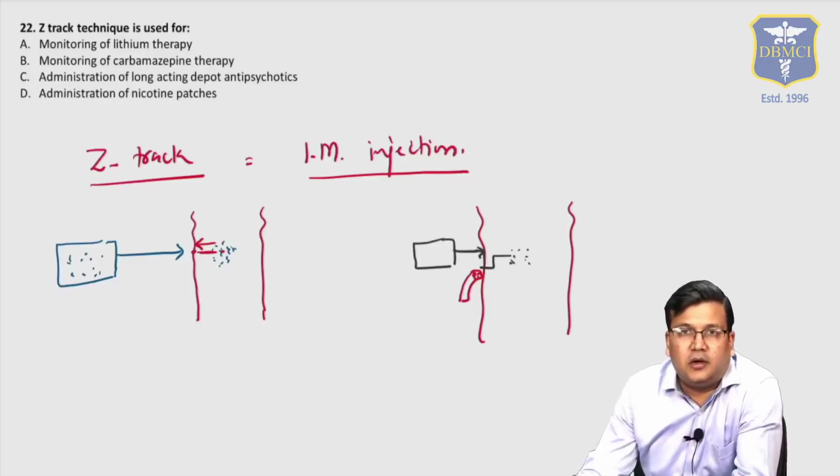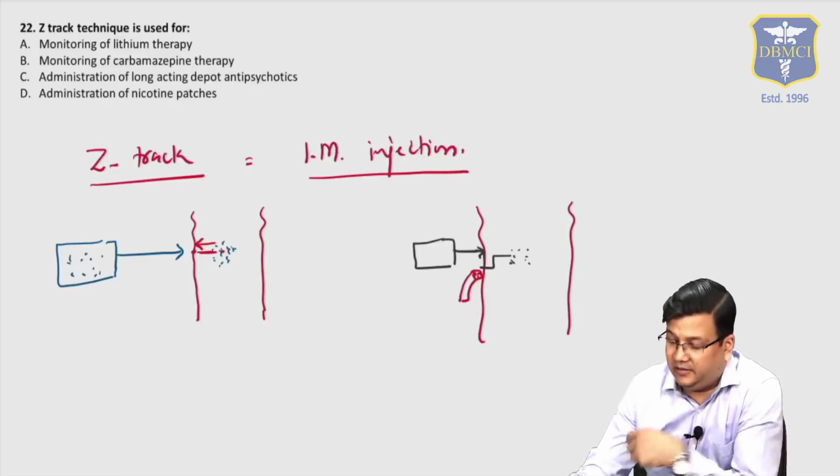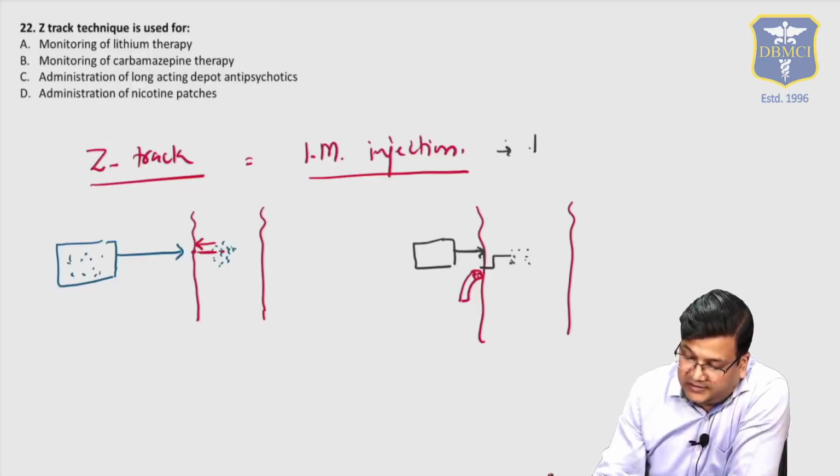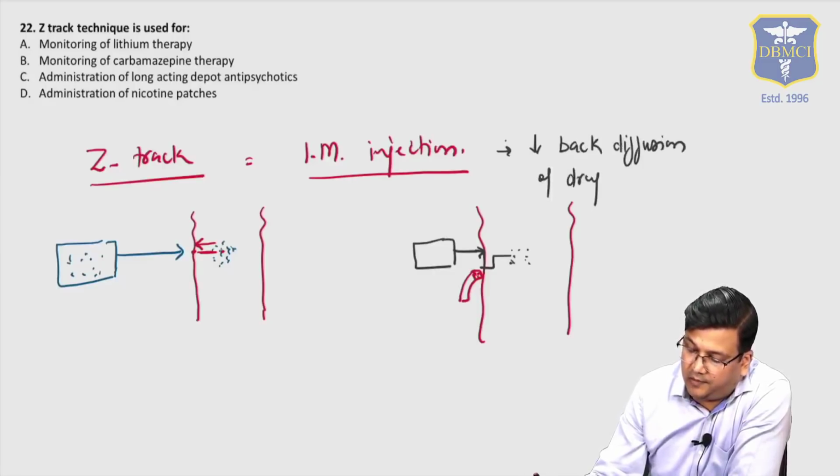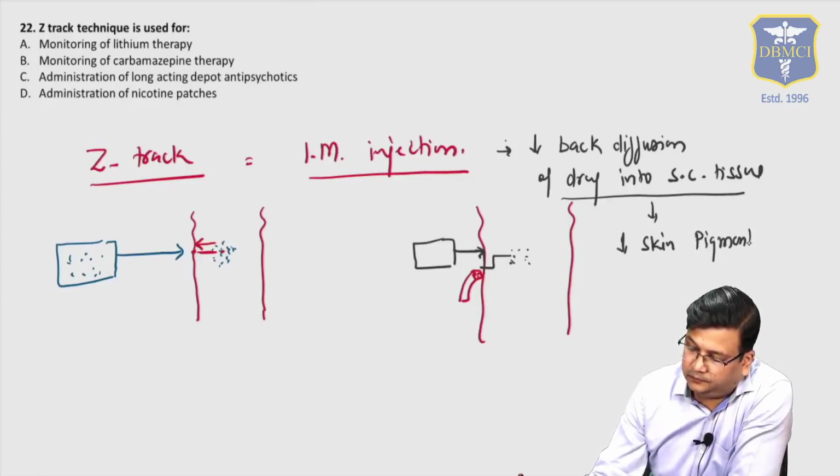So that is the whole idea behind Z-track technique, to decrease the back diffusion of drug into subcutaneous tissues, and this decreases the skin pigmentation and also decreases the skin irritation.